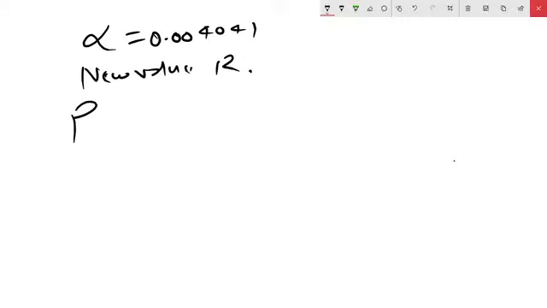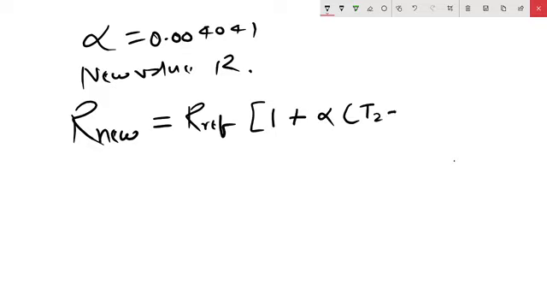As we know, the thermal coefficient of resistance: R new is equal to R reference into 1 plus alpha into T2 minus T reference.